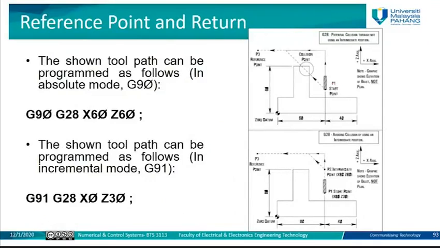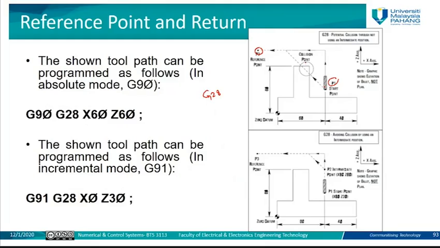This is the start point, B1, and here we have the reference point, B3. If I ask the spindle to go directly to the reference point using the command G28, for sure the spindle will go directly here and will touch this place. There is a collision point.